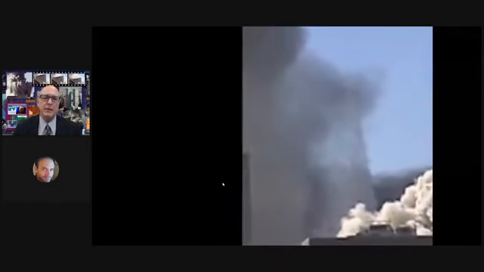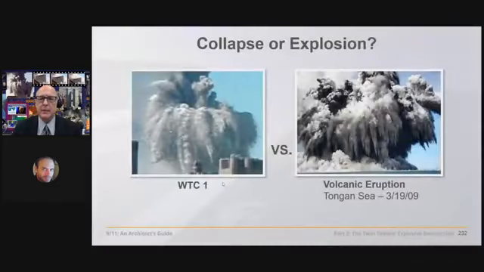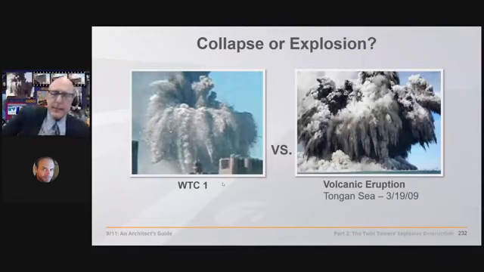Some people say the steel turned to dust. That's ludicrous. There's no steel dust in the powder that has been rigorously analyzed by numerous agencies and companies. So what is this? Is it a collapse or is it an explosion?